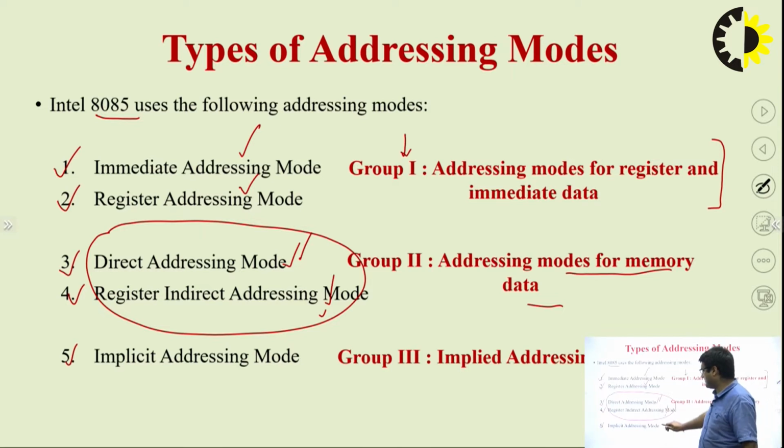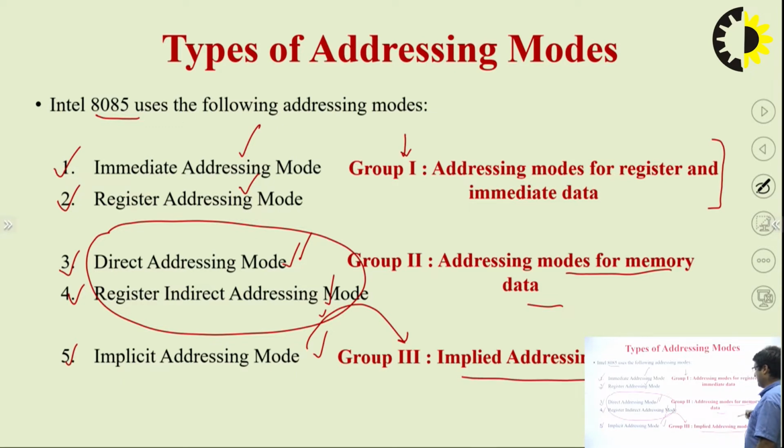After that there is the fifth one, the implicit addressing mode, related to group 3. Implied addressing mode means there are no operands. In the beginning of the lecture I told that there are some instructions with only one operand, or with no operand, where the source and destination are part of the opcode itself.